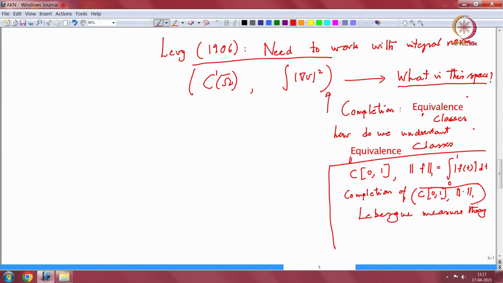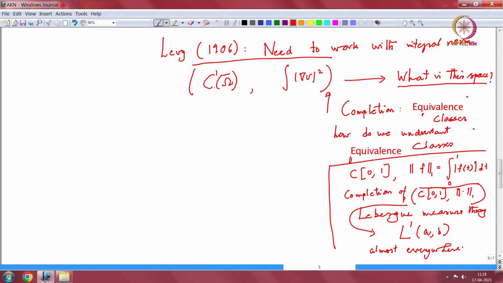You may need to develop new theories to understand certain completions, and this completion is nothing but your L1 of (a, b). One of the important concepts there is the almost everywhere concept.